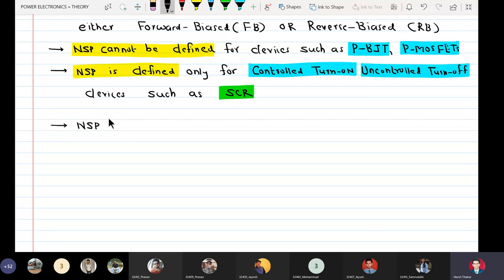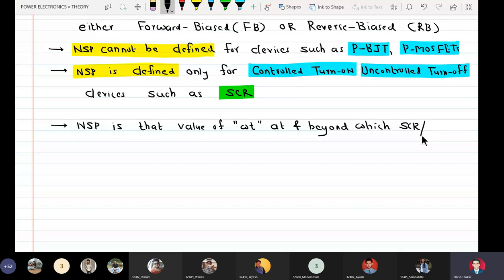Natural switching point. This, remember it very carefully. I have very thoughtfully framed this definition. Natural switching point is that value of omega t at and beyond which SCR or diode becomes forward biased.